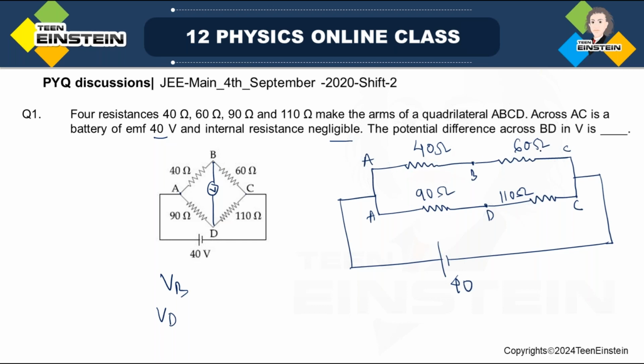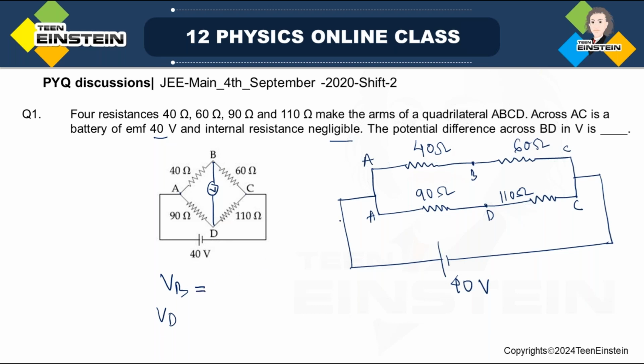These are 100 ohm, so this 100 ohm will drop the 40 volt itself. Here 200 ohm will drop 40 volt across them. Now how do you find the voltage of this point B?